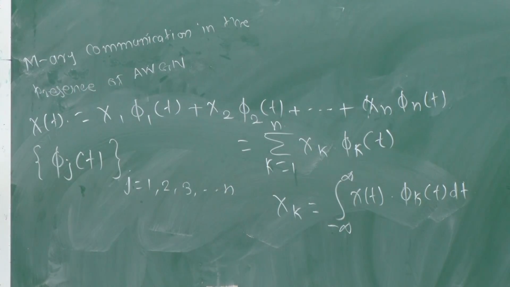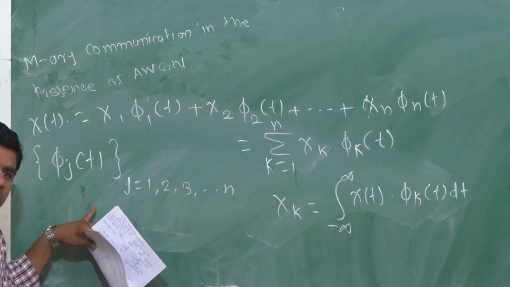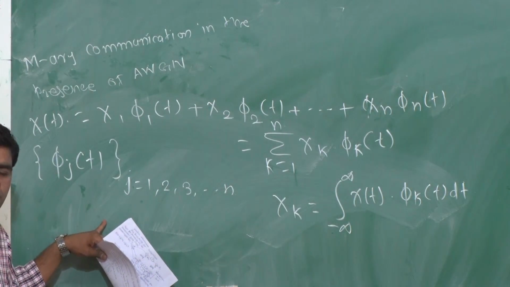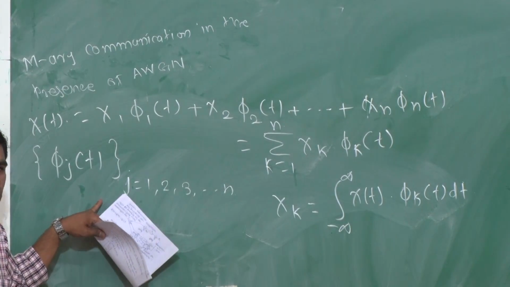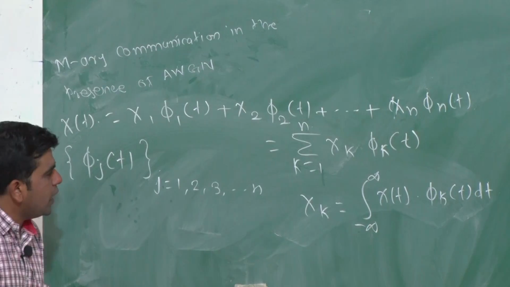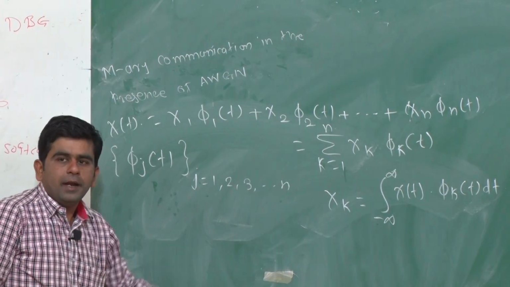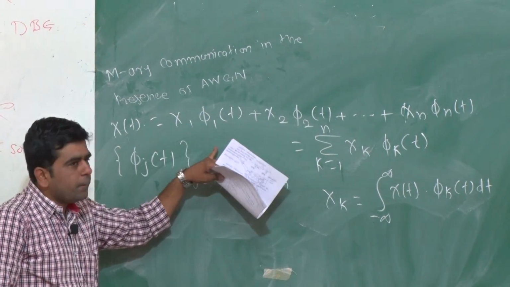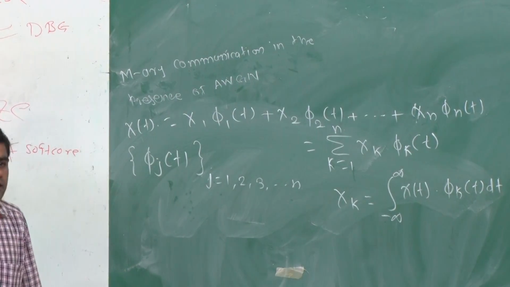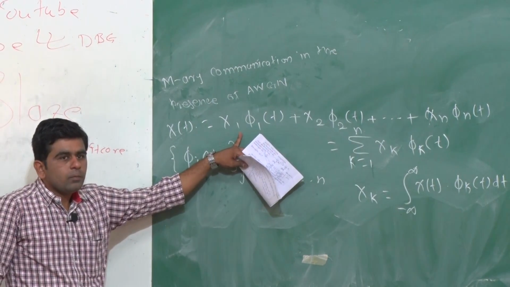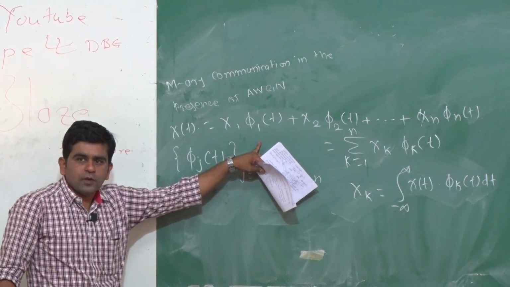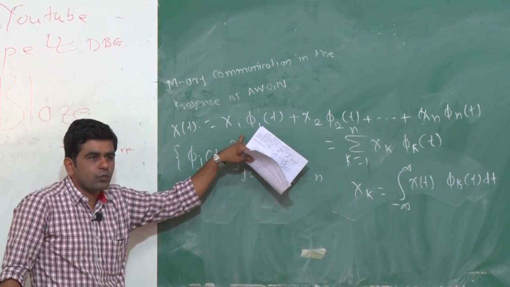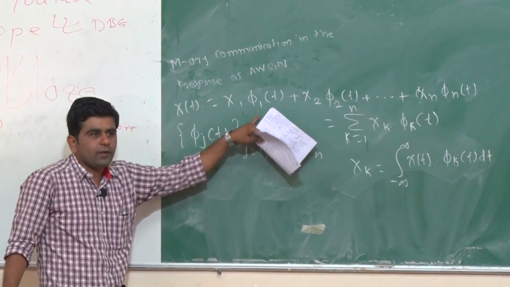So here we are having the random process x of t. We can represent this random process in vector space by using basis functions phi j of t, where j is equal to 1 up to n. So x of t can be represented as x1, the projection of x of t on the first basis function, giving the component x1 into phi 1 of t.